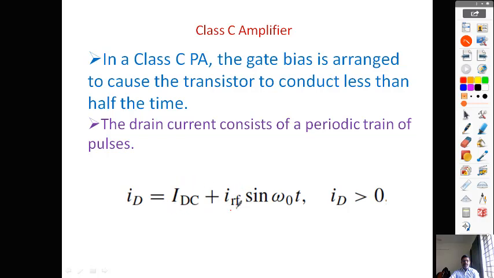IRF is the RF current. The amplitude varies with the amplitude of IRF, and the shape of the signal is sinusoidal, therefore sin omega 0 t, where omega 0 is 2 pi f0. It is the fundamental frequency to be amplified.